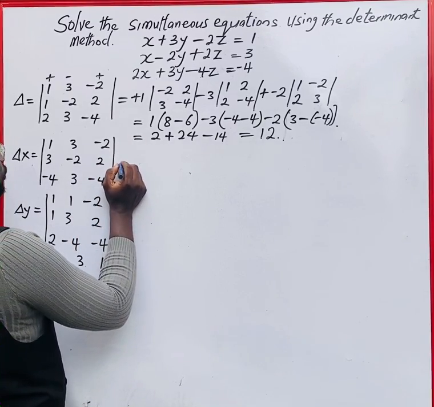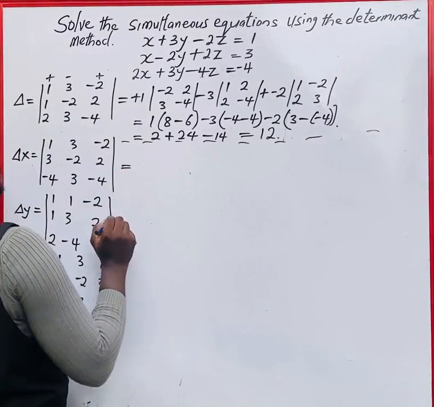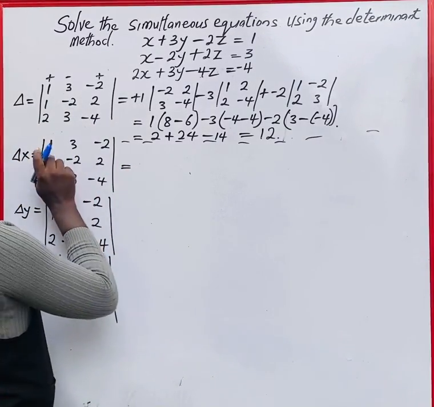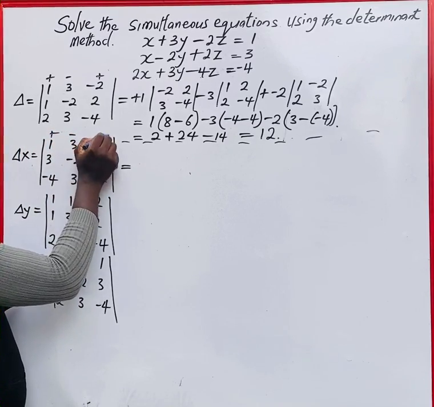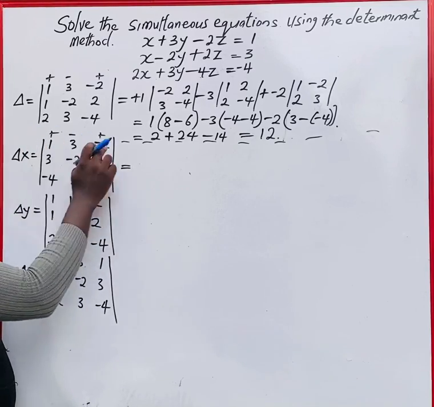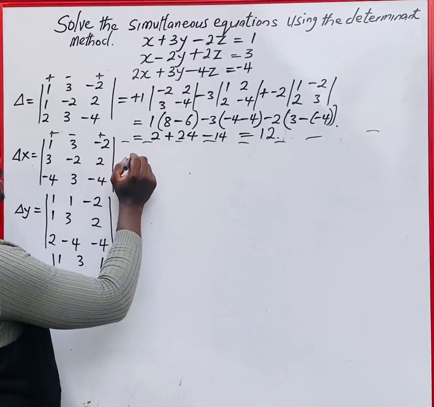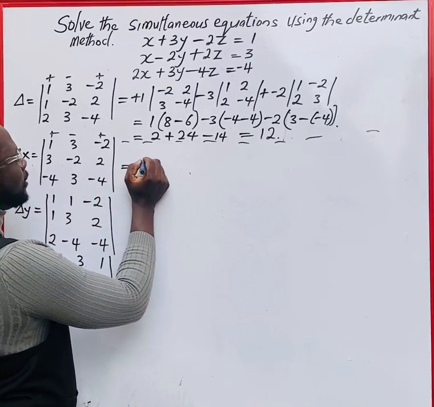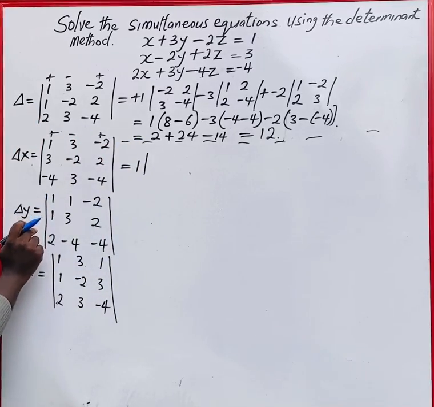This one will be equal to, so we've done with this. Let's go with this one now. We know our rules: plus, minus, plus. You can use any of the rows, but we are using the first row. So here you have 1. Close the first row, close the first column.